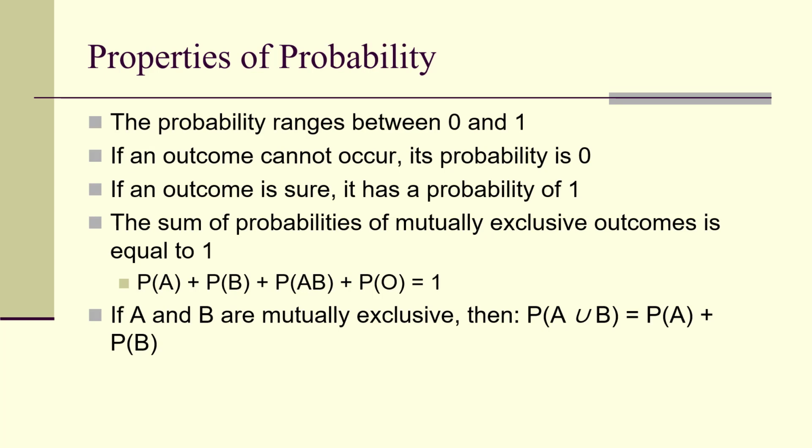Given that event A and event not A together make up all possible outcomes, and since rule number 2 tells us the sum of the probability of all possible outcomes is 1, the following rule should be quite intuitive. The probability that an event does not occur is 1 minus the probability that it does occur.